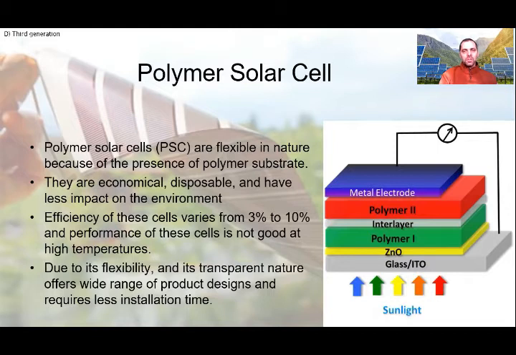The cell consists of a transparent substrate, glass or plastic, upon which a thin transparent conducting layer, usually ITO, is deposited. Next comes a layer of the P-type semiconducting plastic, which has a band gap in the useful range and is supposed to absorb photons and create bound electron hole pairs called excitons.